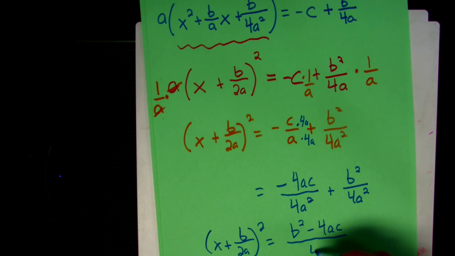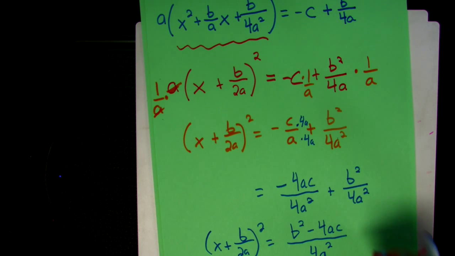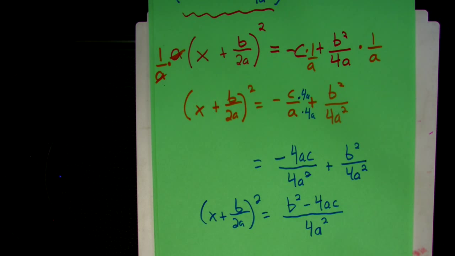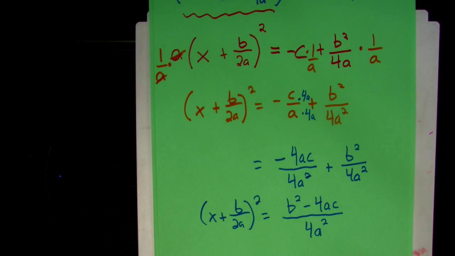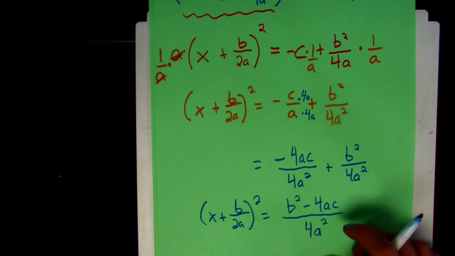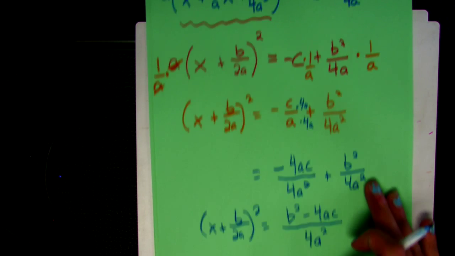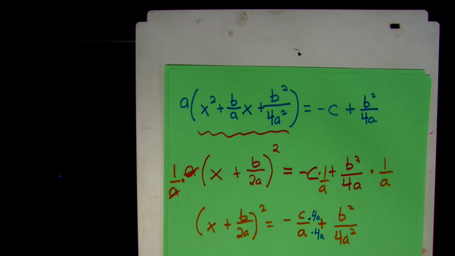And that's all over 4a squared. So last step, well, almost last step, is to square root both sides. Okay, so I'm going to go ahead and start a new page and do that.